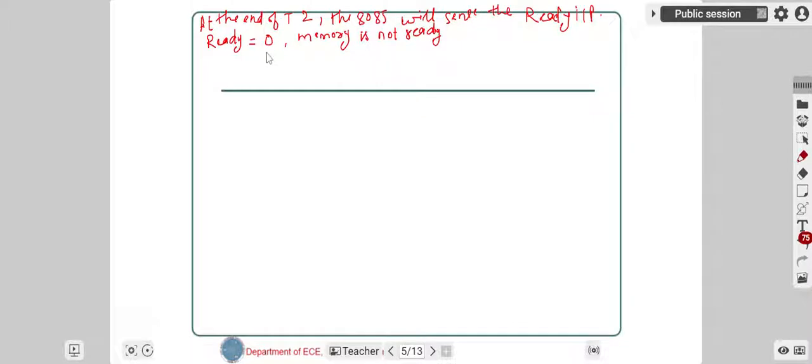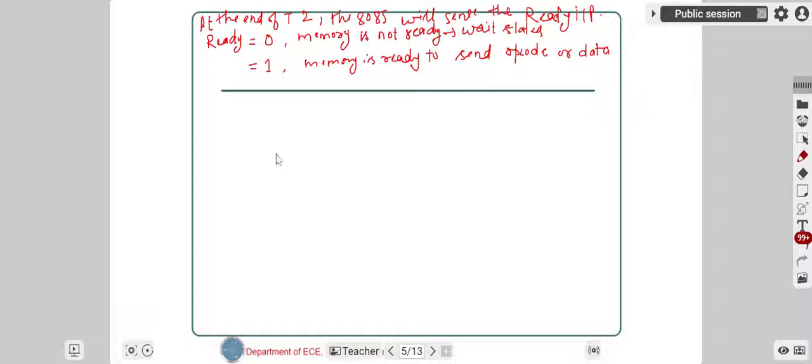If this ready signal becomes 1, then immediately the memory will become ready to send the opcode or data. So for the time being, if this ready signal is 0, some wait states are introduced by the CPU in between these T states.